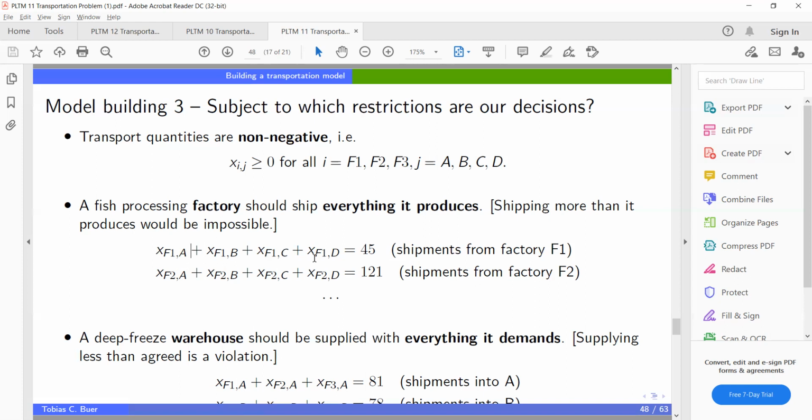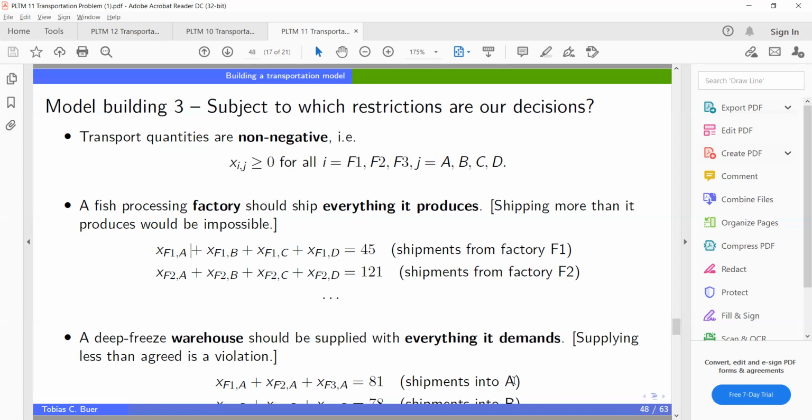But this does not make sure that every customer receives exactly the quantity that the customer requires. And for this reason, we need to introduce another set of equations. And now we look at one customer.